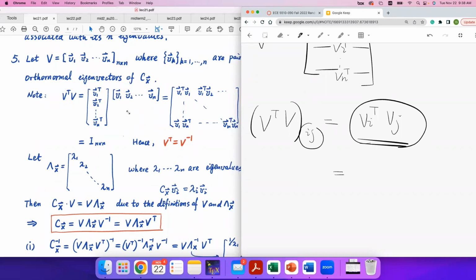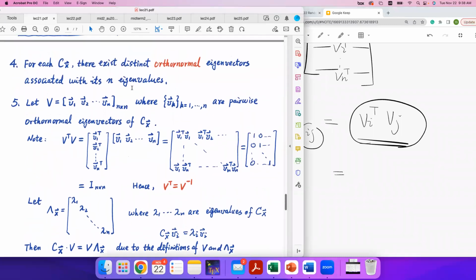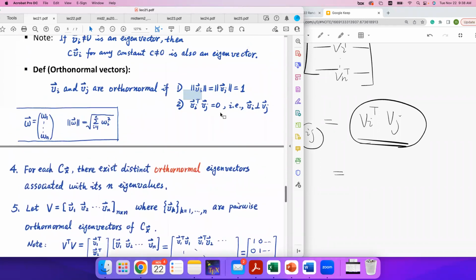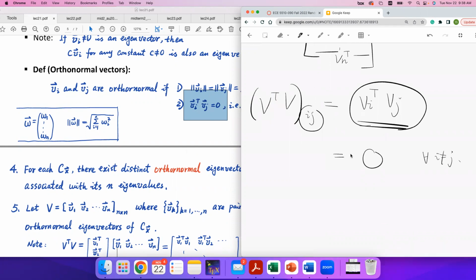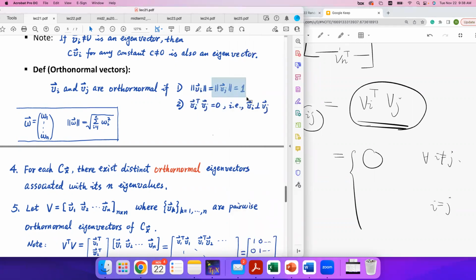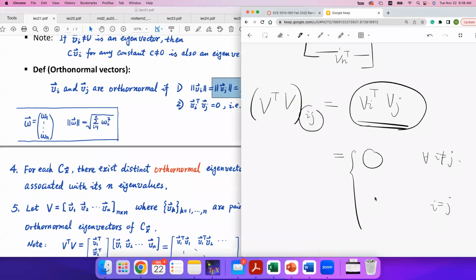And we know that these eigenvectors are orthogonal to each other, right? So this is 0 if i is not equal to j. And if i equals j, we are looking at vi dot product with itself, so that will give us the square of the norm, which is 1.